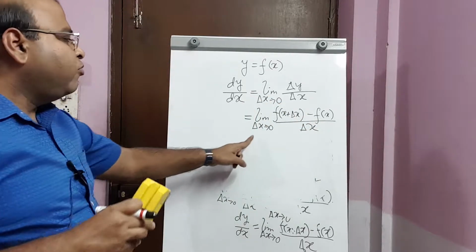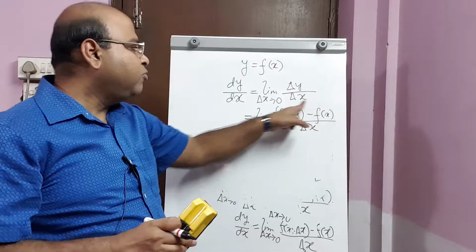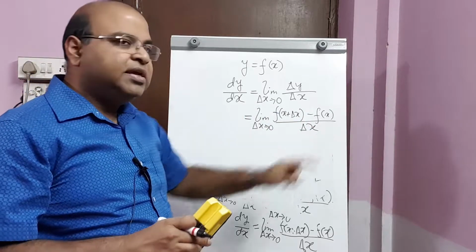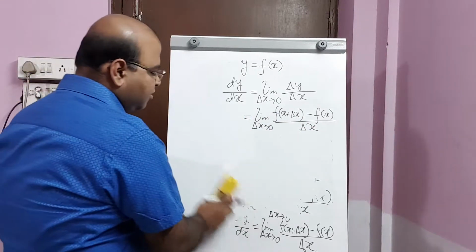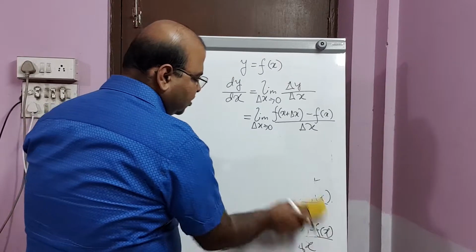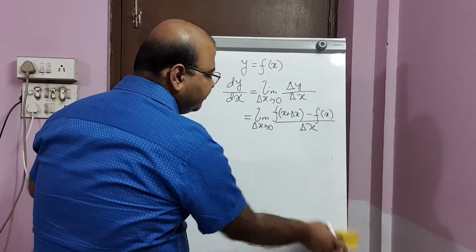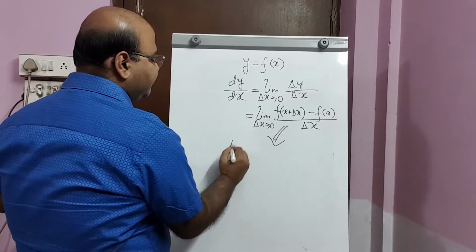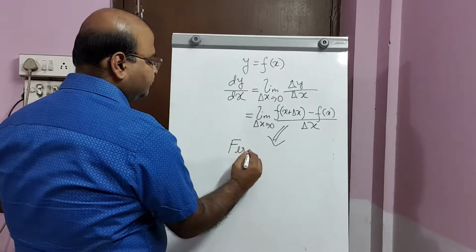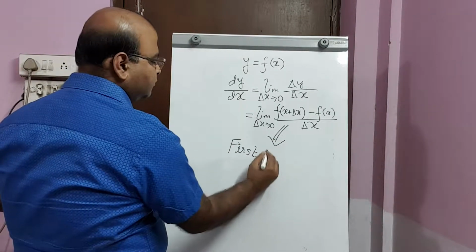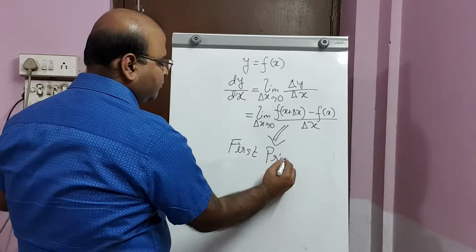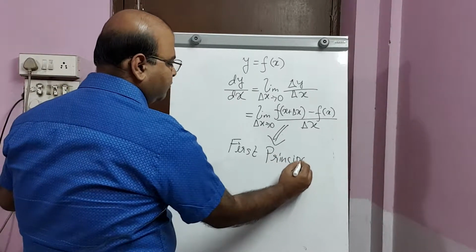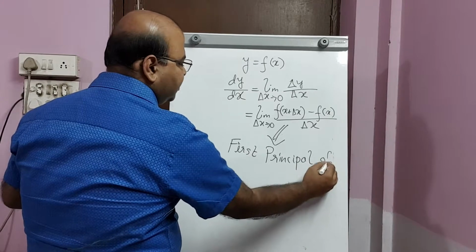So this second form of limiting definition is known as the first principle of derivative. We call it the first principle or the limiting definition of derivative. So this is known as the first principle of derivative.